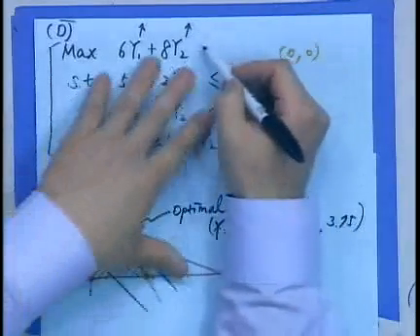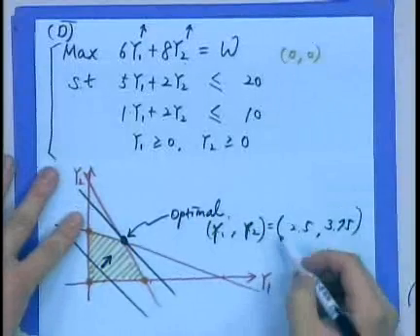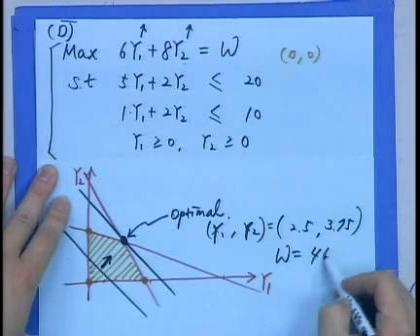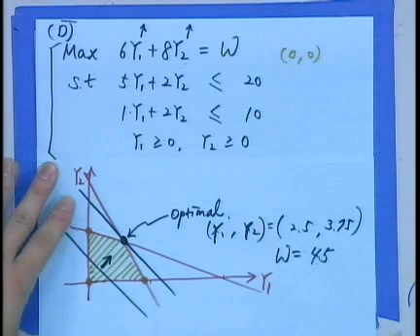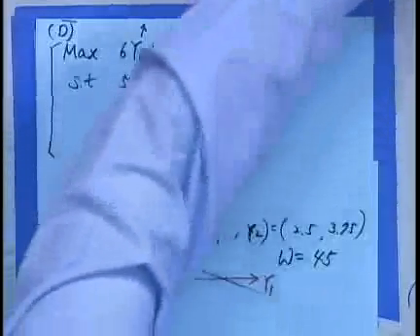And if I say the objective function value is equal to w, for example, then the w becomes 45, okay? So in that case, where is the primal?